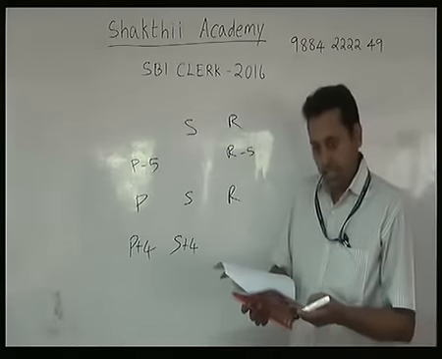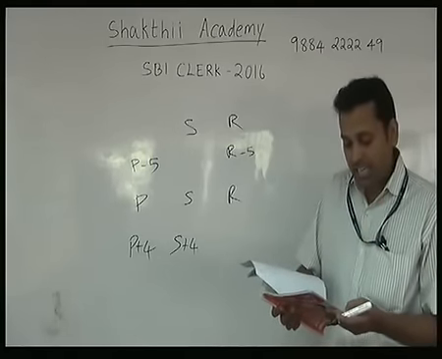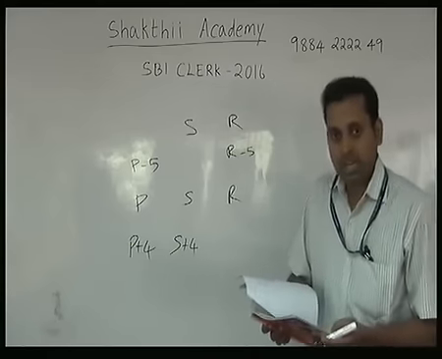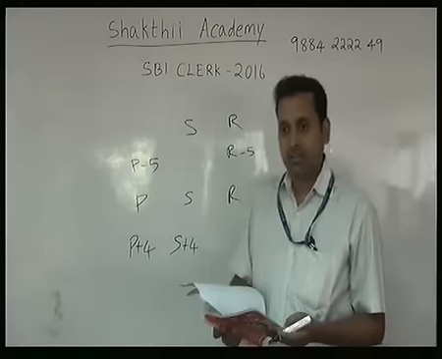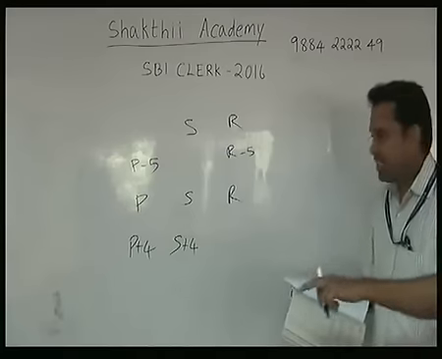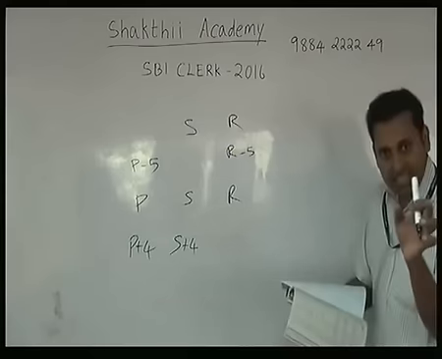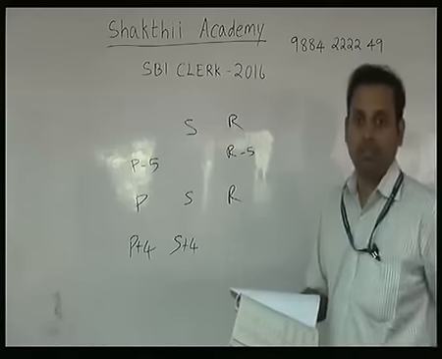Is it clear? Now underline Sonal's age 4 years hence. Just underline that. After underlining, just listen. After 4 years, what is the age? S plus 4. In the underlined area, above that, just write S plus 4.